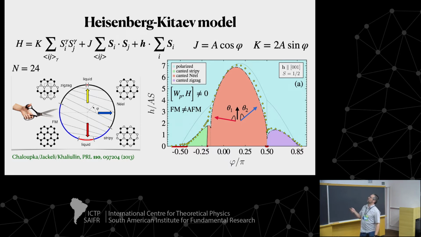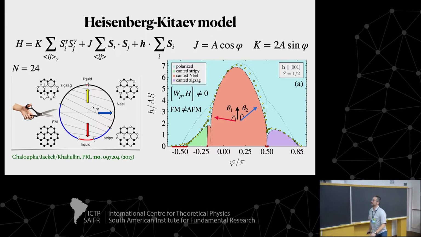So you can parameterize J and K by an angle, this angle phi here. Basically, when phi is equal to pi over 2 and 3 pi over 2, you are in the Kitaev limit, and you see that the liquid phase survives some value of J, so it's stable to some extent.